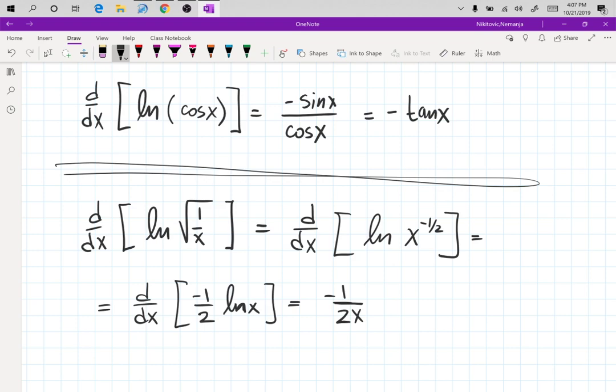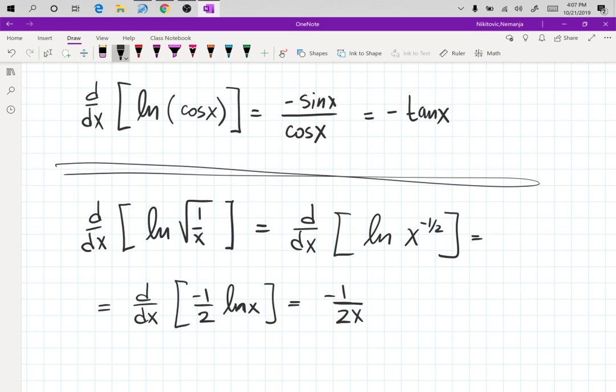So your x in the denominator, if it goes in the numerator, picks up the exponent of -1, and then square root is a half, so half times -1 is -half, so that's how it became x to the -half. Then by rule 3, kick the -half in front of the ln, and then it becomes a constant.